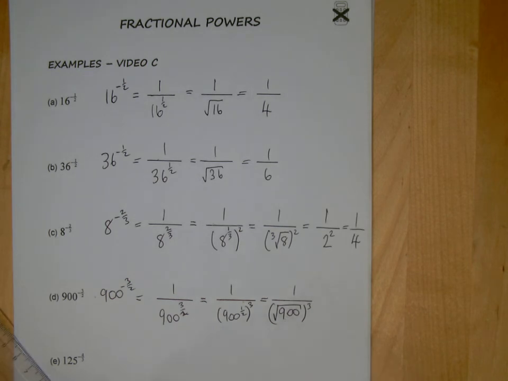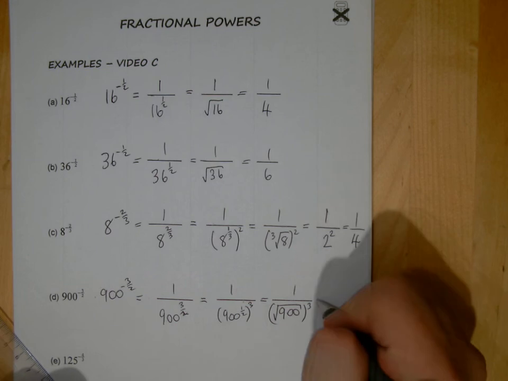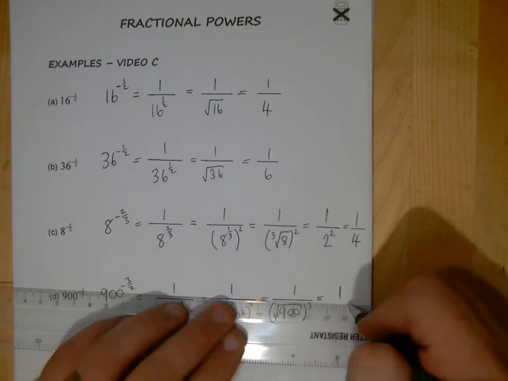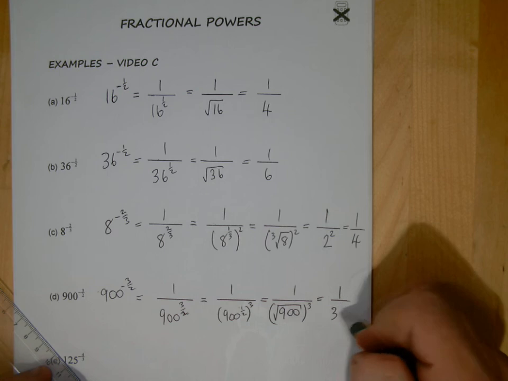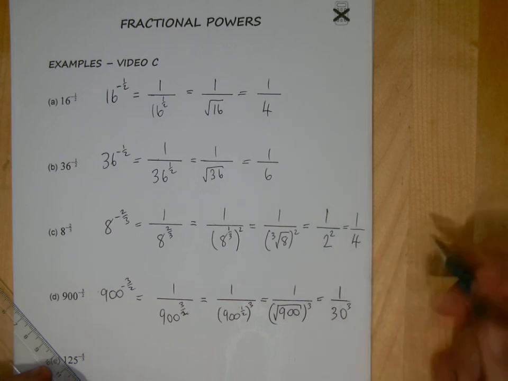Now, can we think about doing this without a calculator? Actually it's quite straightforward because we've got an even amount of zeros. When you've got an even amount of zeros, when you square root it, just halve the amount of zeros. I've got 2 zeros, halve it, I'll end up with 1 zero. And the square root of 9 is 3. So the square root of 900 is 30. So we have 1 over 30, and then we've got to cube it.